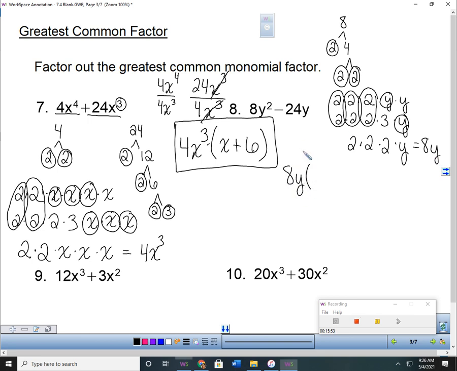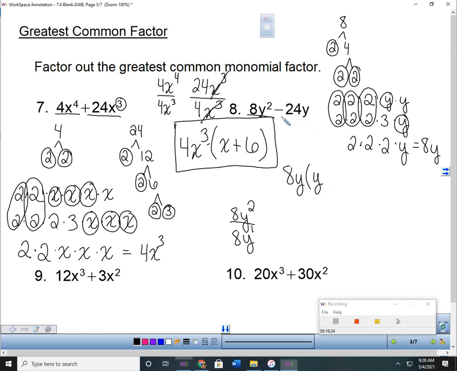So remember, factoring out just means you're going to take each term and divide it by that. So 8y squared divided by 8y. I take my original and I factor out my common factor. 8 divided by 8 is 1, so I don't need to write that there because I'm going to have a y behind it. Y squared divided by y to the first is just y.